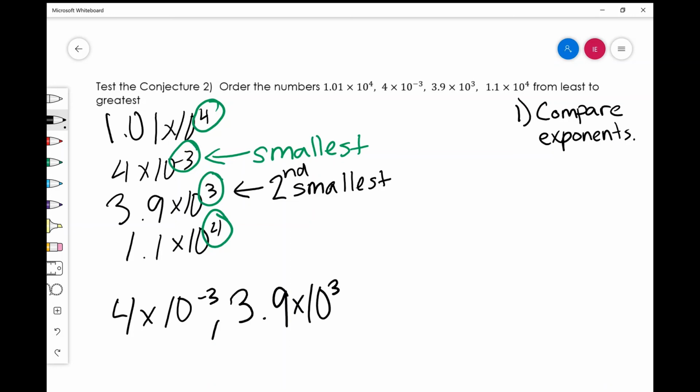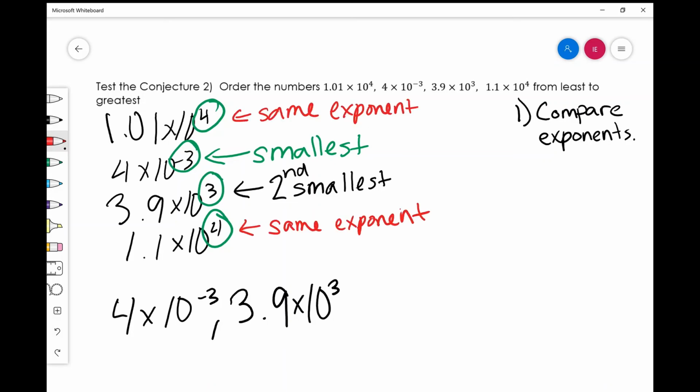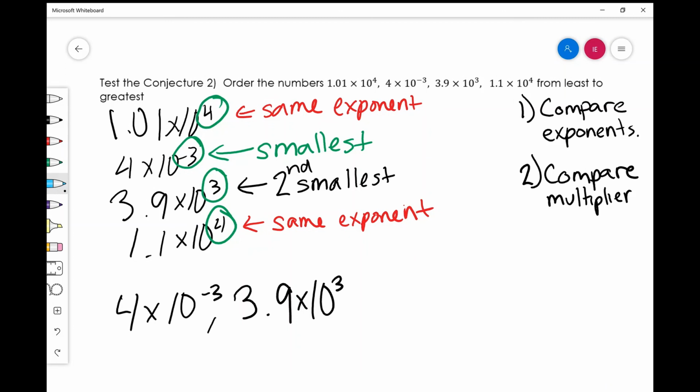After that, I recognize that 1.01 times 10 to the 4th and 1.1 times 10 to the 4th have the same exponent. I need to then compare the multipliers. In my first value, my multiplier is 1.01.